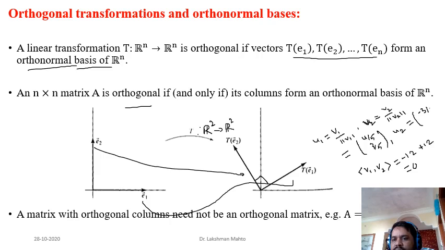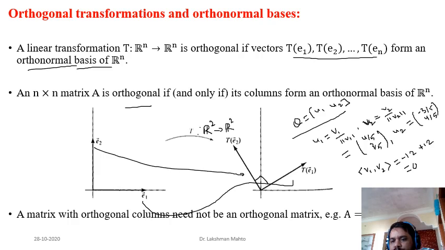And U2 would be minus 3/5 as the first entry, and the second entry would be 4/5. So here you can observe that U1 and U2 are orthonormal vectors. So this matrix Q, with U1 and U2 as columns, obtained by normalizing the columns of A, is an orthogonal matrix.